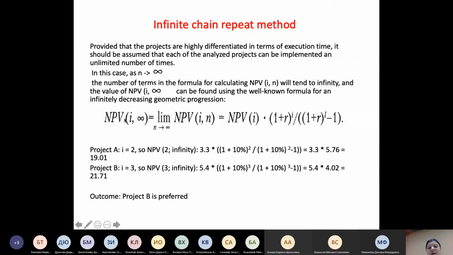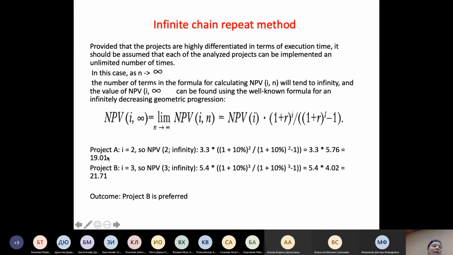Our net present value if the amount of repetition leads to infinity is the net present value in the real scenario, our expected net present value, multiplied by 1 plus cost of capital to the extent E or I, where I is the real amount of cash flows generated by our project, divided by 1 plus cost of capital to the extent I, or to the extent of the real amount of cash flows, minus 1.